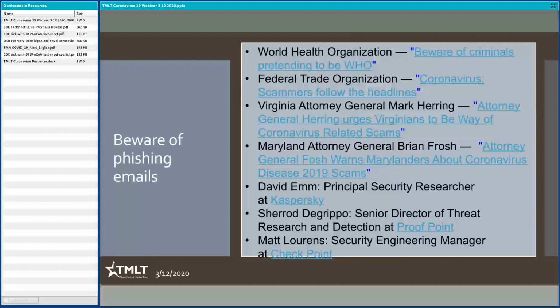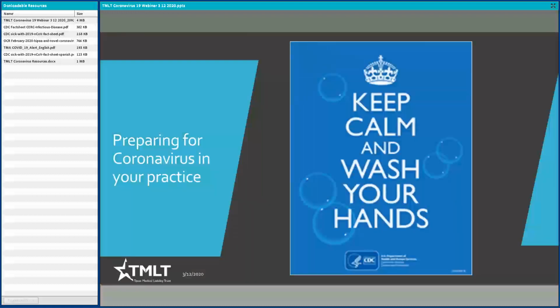But the example shown here on the screen is an example of a phishing email that has been widely dispersed. There are a lot of good articles available on the phishing emails specifically as they relate to coronavirus, that if you're interested or you have concerns about a possible phishing email, there are lots of resources available.